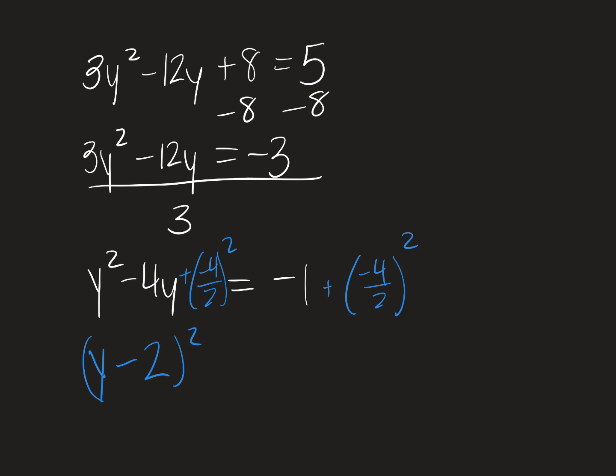On the right, you have negative 1. So negative 4 over 2 is negative 2. Negative 2 squared is positive 4. Negative 1 plus 4 is 3. And that is 3, yes. So now, square root both sides.